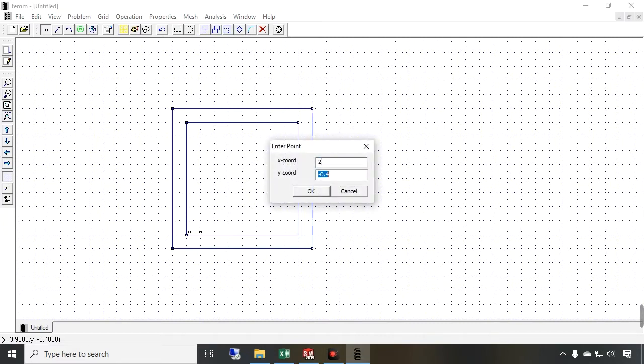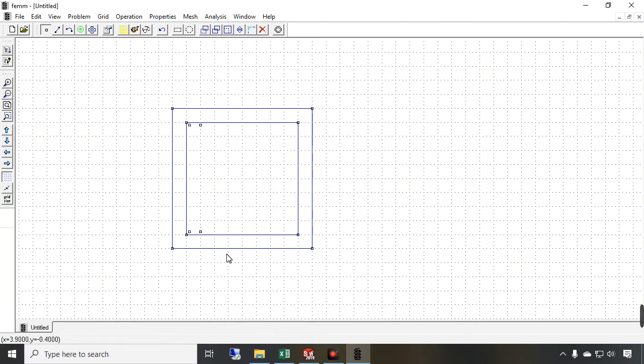Again 2. The y coordinate is 9 minus 0.2 or 8.8. Again 1.2, 8.8. So I can draw this coil arm here.